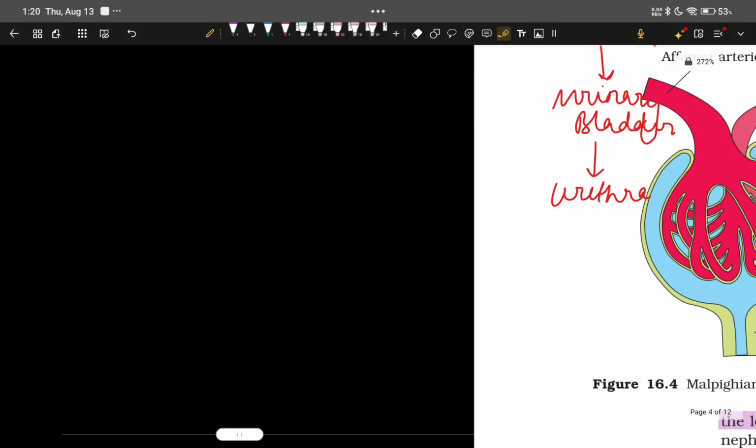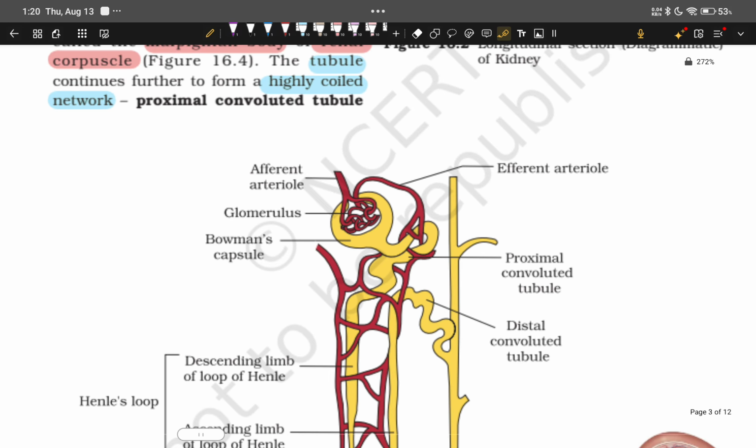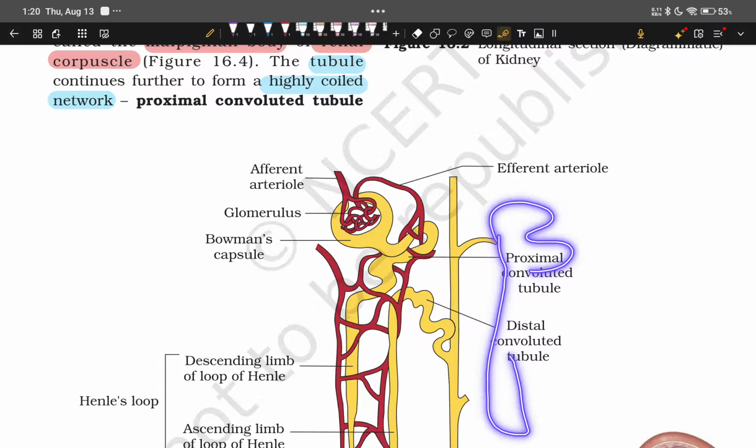So let me show you. If you draw the nephron, Bowman capsule like this, let's say, and then you draw the whole PCT, then loop of Henle, and then you have the DCT over here.